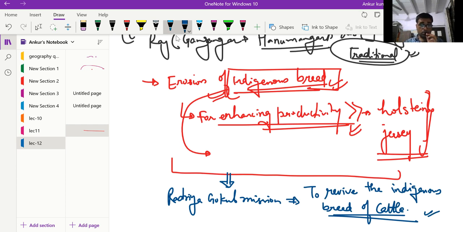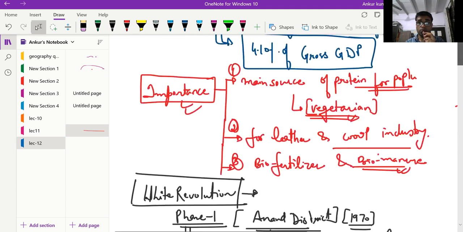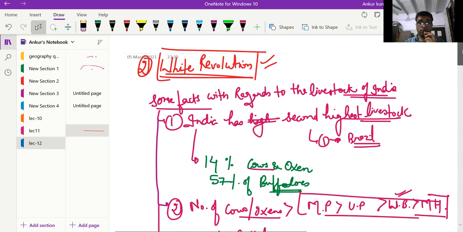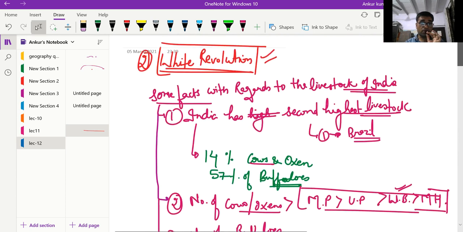So we have done the white revolution also, and what we discussed in the white revolution, let us see once more from the beginning. First of all, we said some facts with regard to the white revolution.